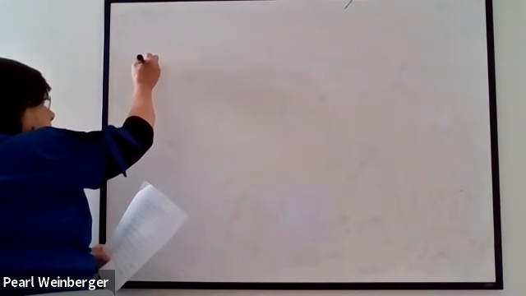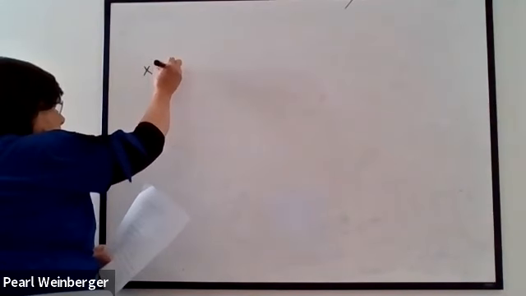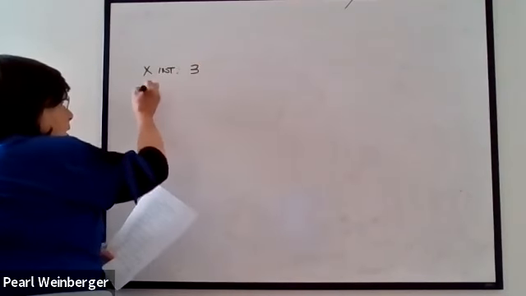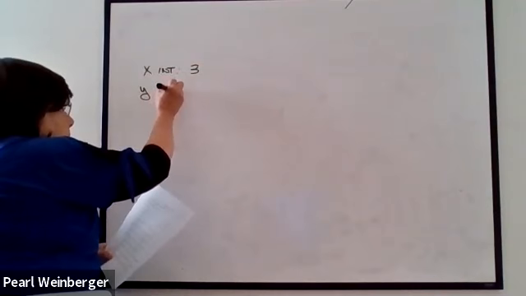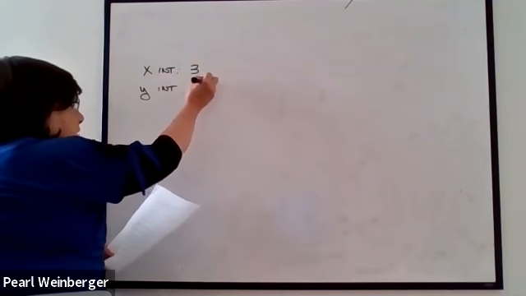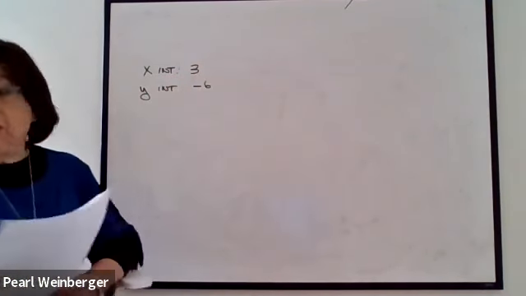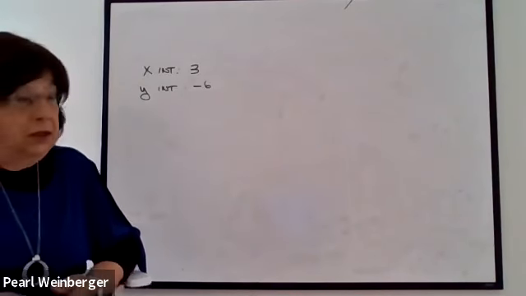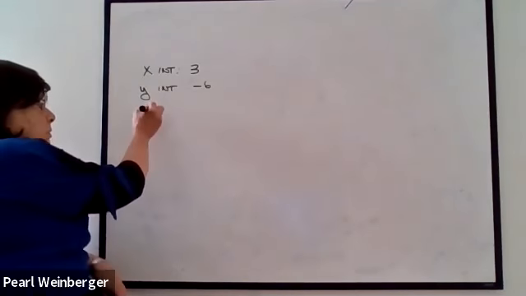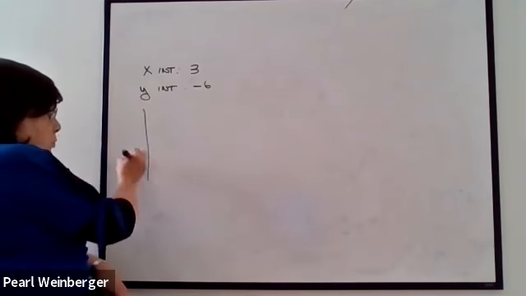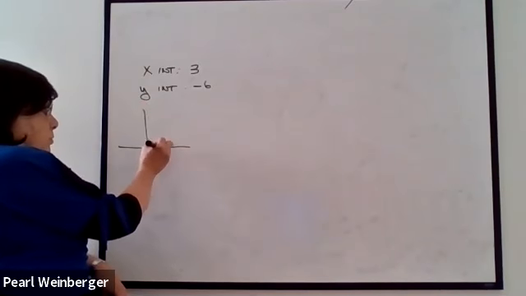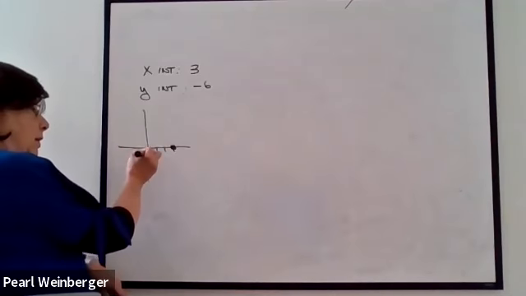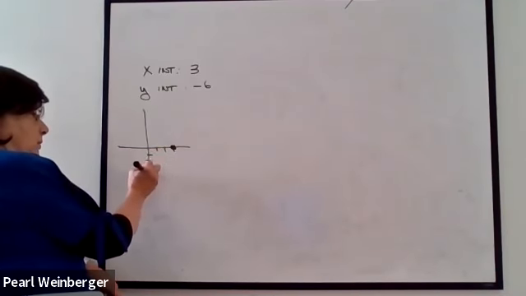I know my line has an x-intercept of 3 and a y-intercept of -6. So how I'm describing this line is I'm telling you where it's crossing the x and the y axis. You could even graph this if you wanted to. The x-intercept is 3. You don't have to graph it, but if you want to take a look at it, the y-intercept is -6.